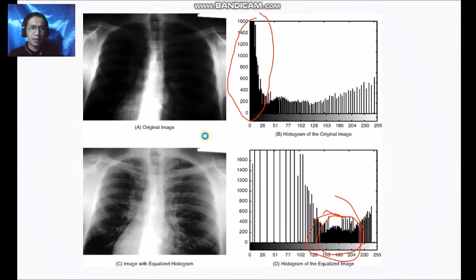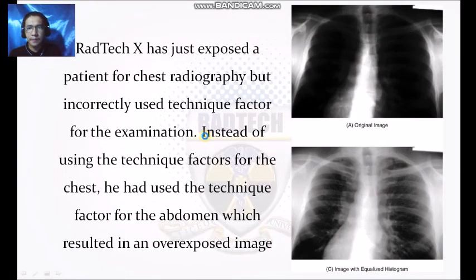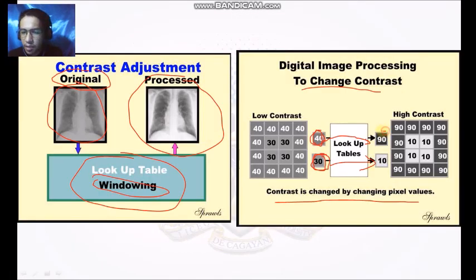For example, instead of representing the pixel as a 90 on the monitor, which is very dark, the 90 would be represented as 40. So that means the gray levels will be equalized.